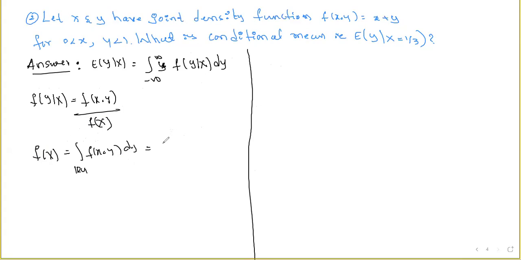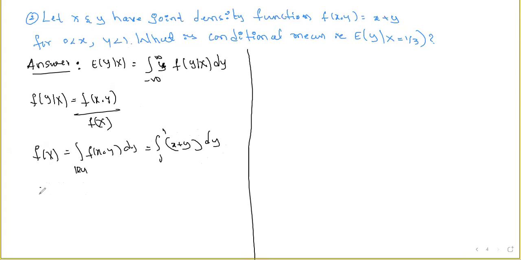which is equal to, right? Which is equal to, what is the range of y? The range of y is y less than 1 and greater than 0. So that's why y range is 0 to 1. F of x comma y is x plus y. With respect to dy, we need to integrate.